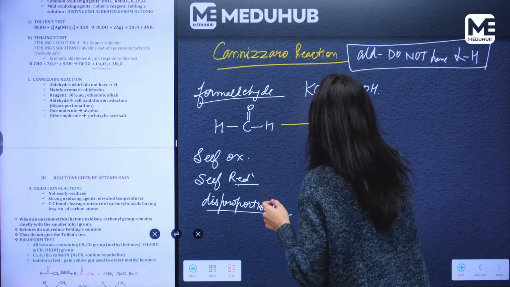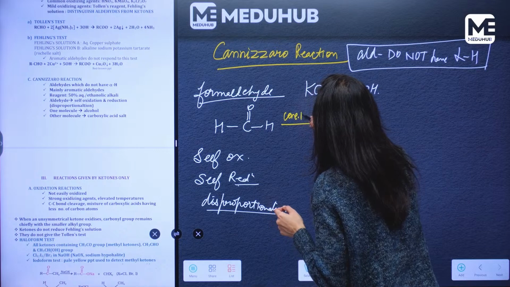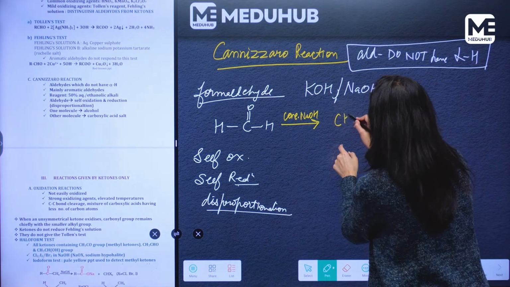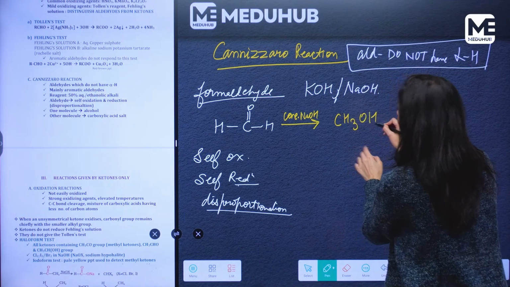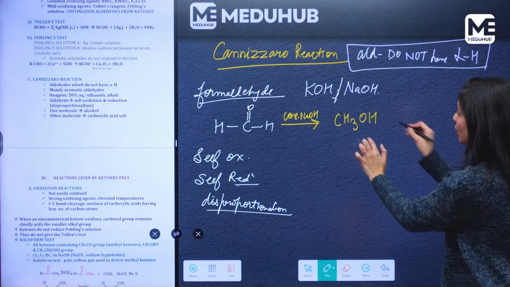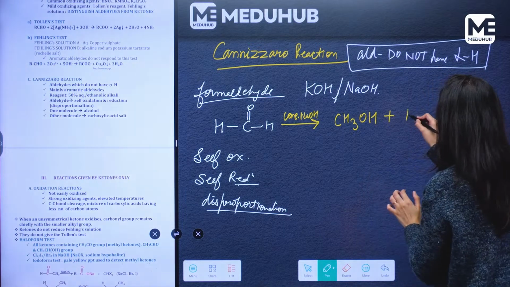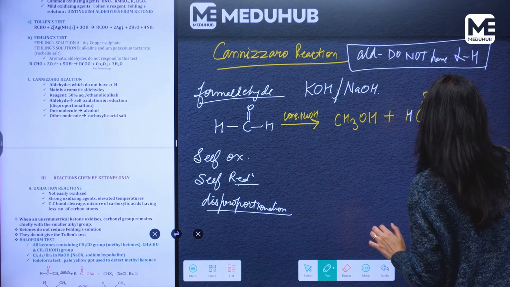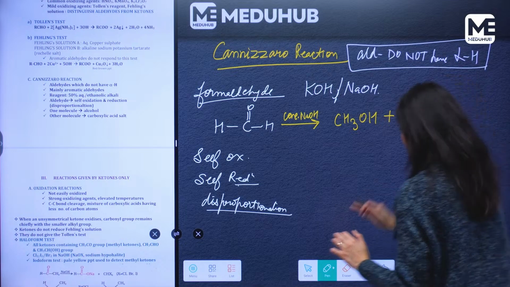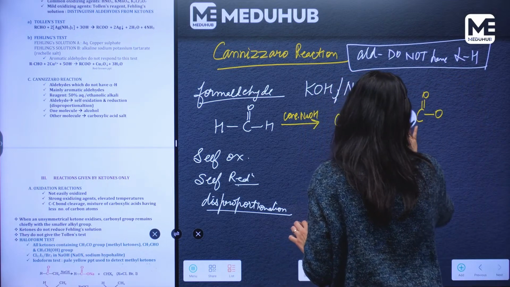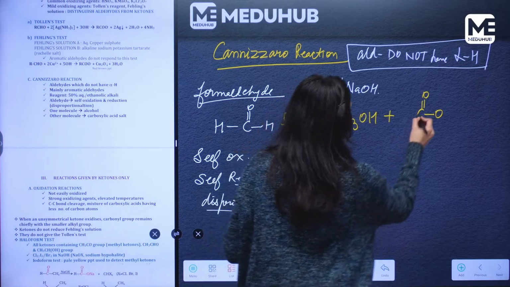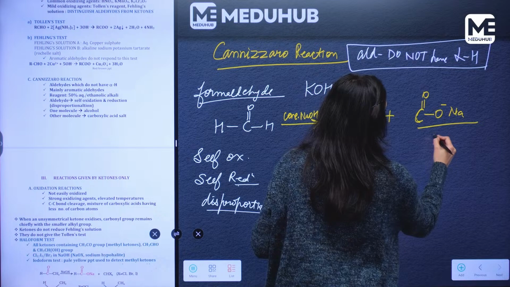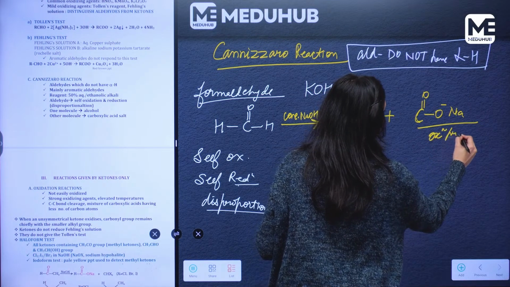So this, in the presence of concentrated NaOH, would give CH3OH as the alcohol. This is the reduction product, and we will get HCOONa, which is the oxidation product here.